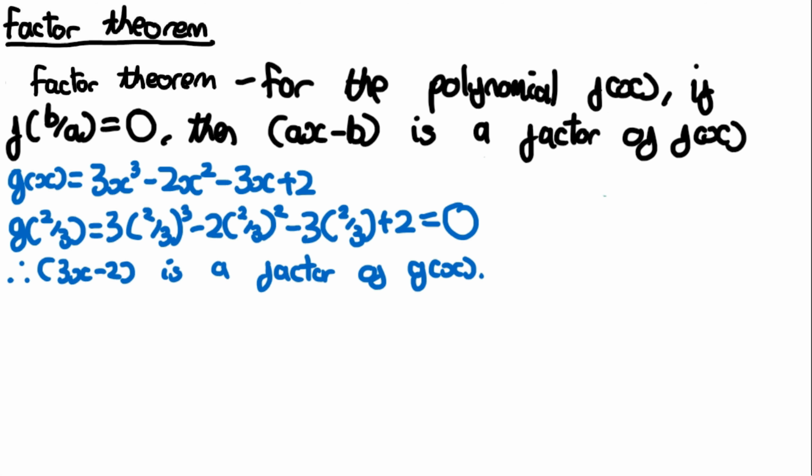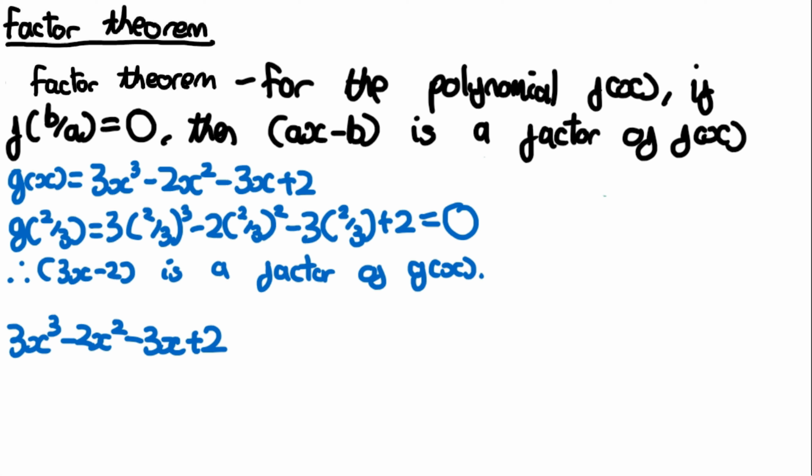So what do we actually mean when we say that ax minus b is a factor of f of x? Well, what it actually means is that if we fully factorize f of x, one of the brackets will be ax minus b. So let's do this for g of x, and I want to show what this means. So g of x is 3x cubed minus 2x squared minus 3x plus 2.